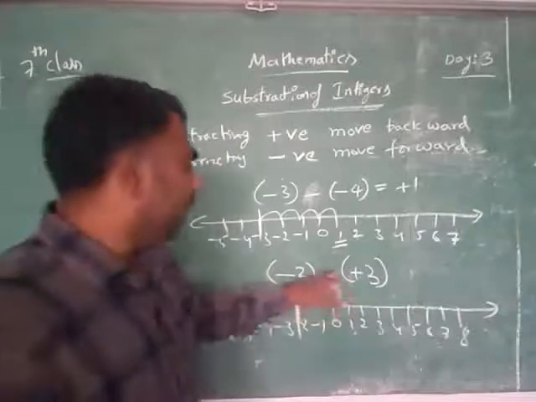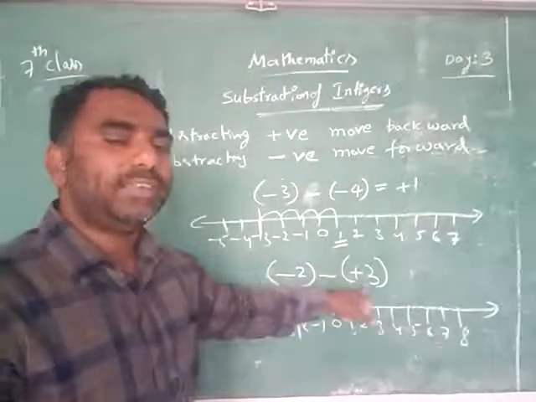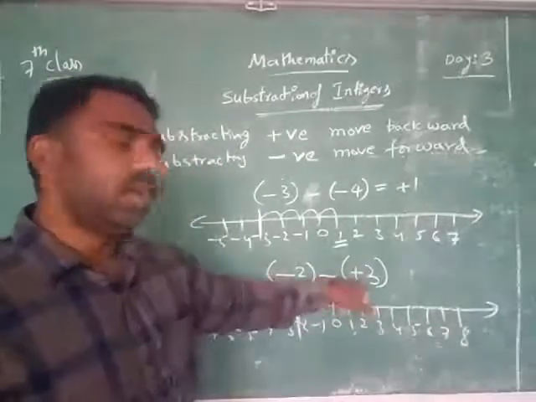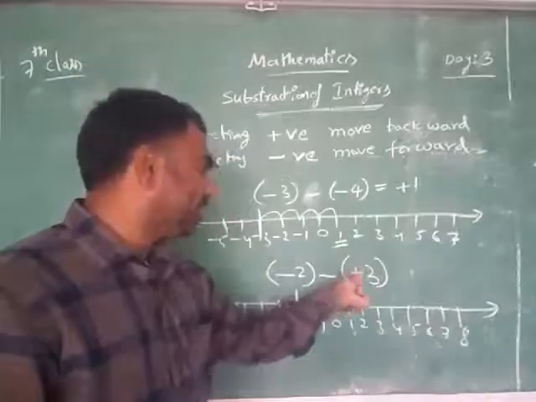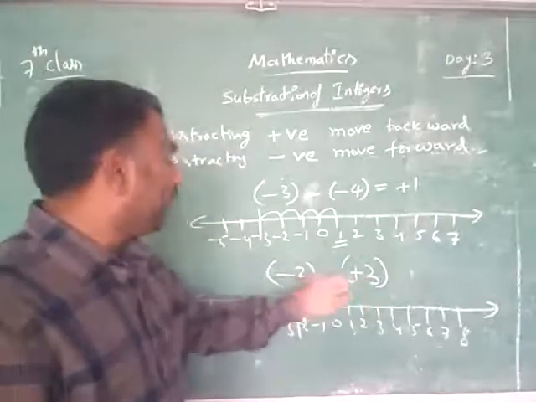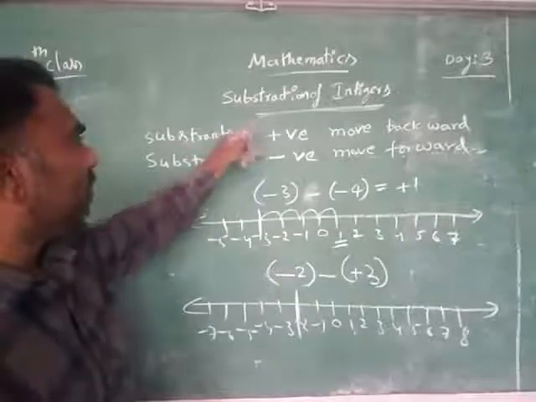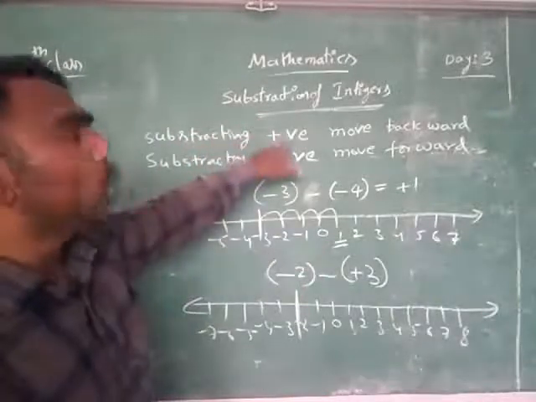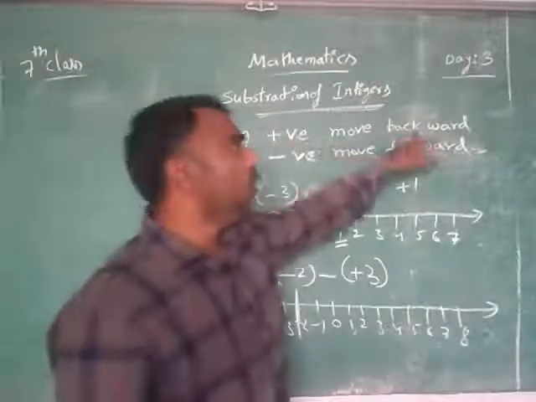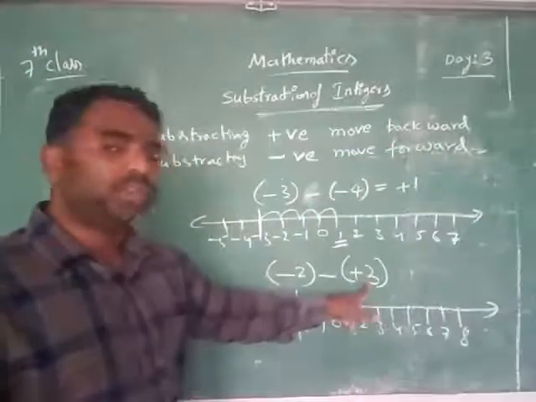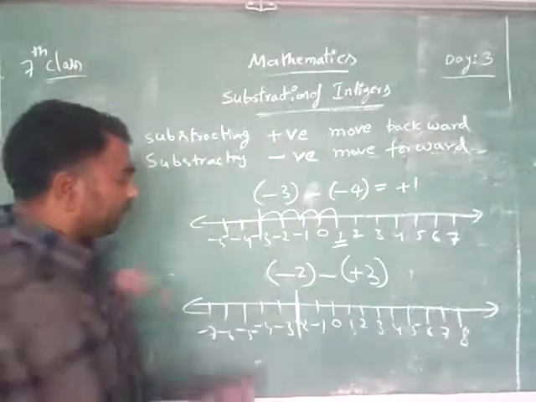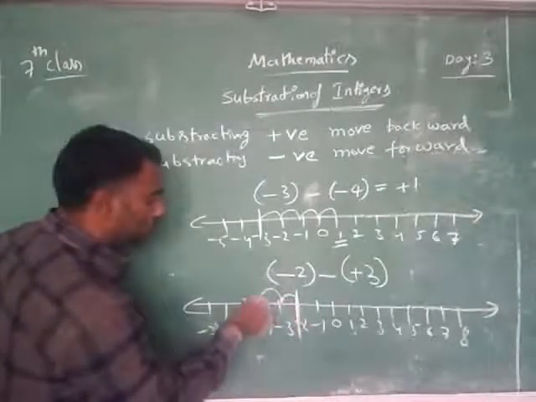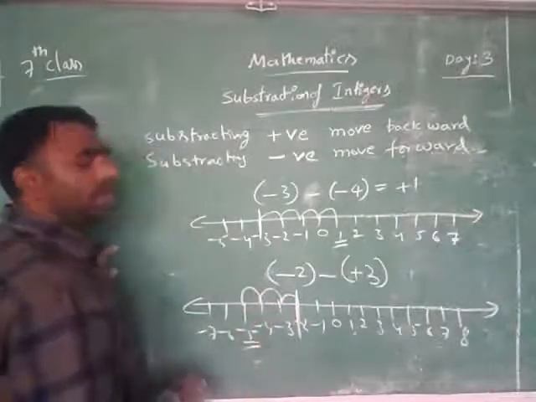Now what are you doing? Subtracting positive. Minus means subtracting, here plus means positive. Which is the situation? Is it first or second? Yes, it is first. Subtracting positive means we need to move backward. Number of steps? 3 steps backward. 1, 2, 3.